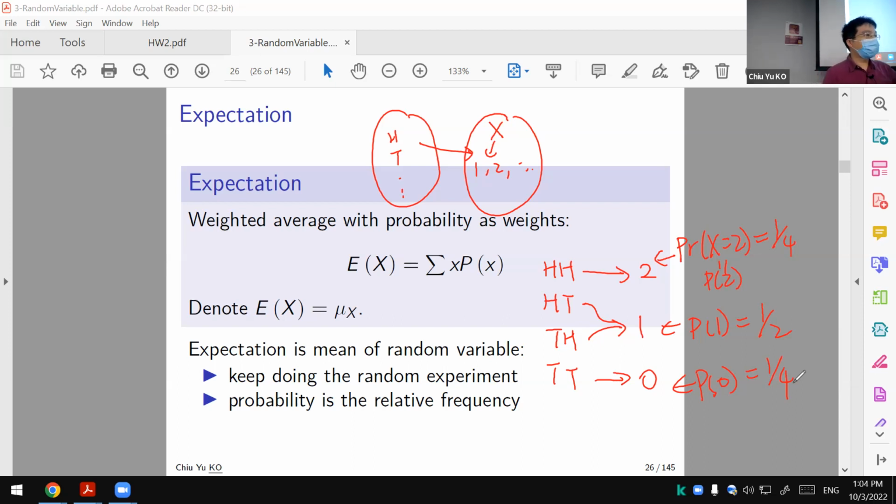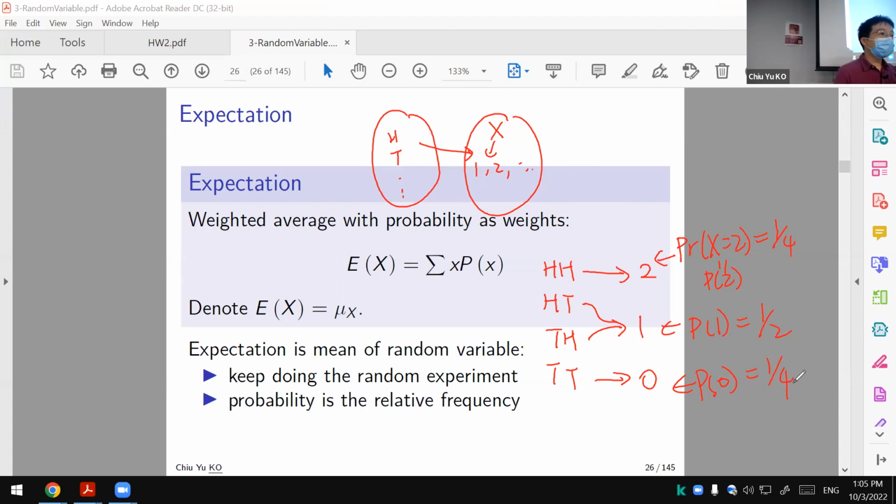Every outcome is HH, HT, TH, or TT, but you are not recording the exact outcome, you are recording according to the random variable. So you have 1 million of 2, 2 million of 1, and 1 million of 0.